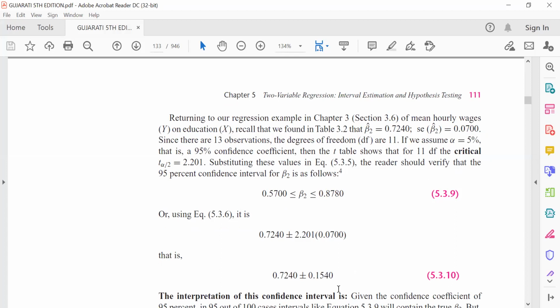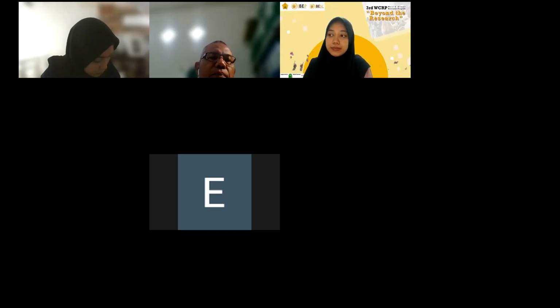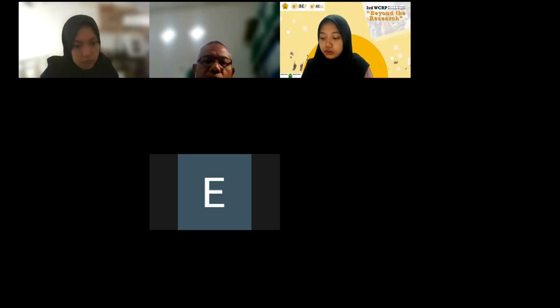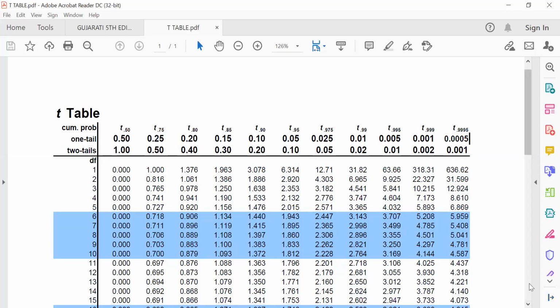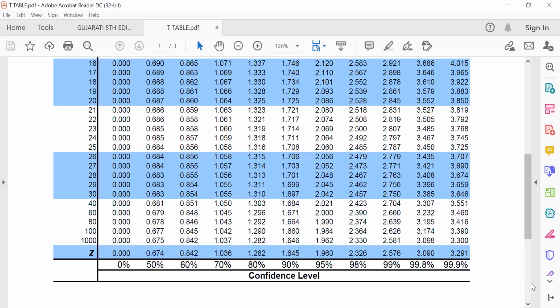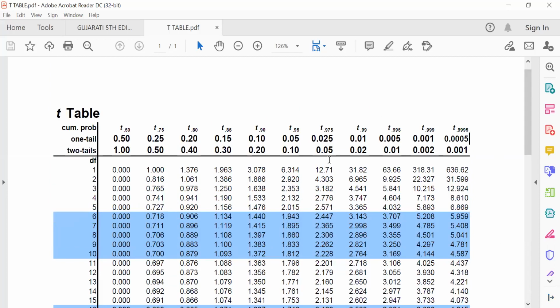I will show you in the table: here we have 95%, and 11 degrees of freedom here.